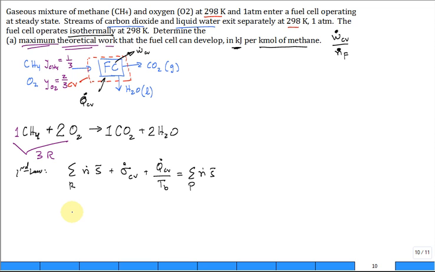So we can rearrange this second law and get an equation like this.